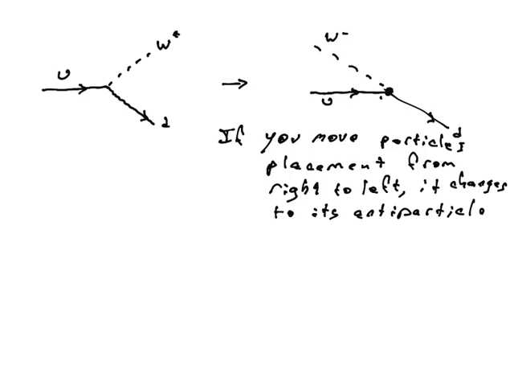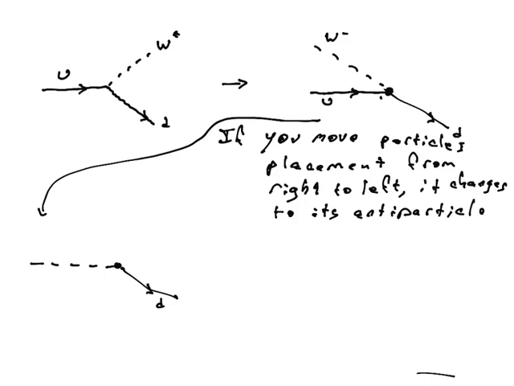Well, what else can we do? Let's keep going. How about we take this second one and move it down here. The W is still over here on the left. I'll just draw it straight instead of angled. The down is still here, but now I'm moving my up to the right side.